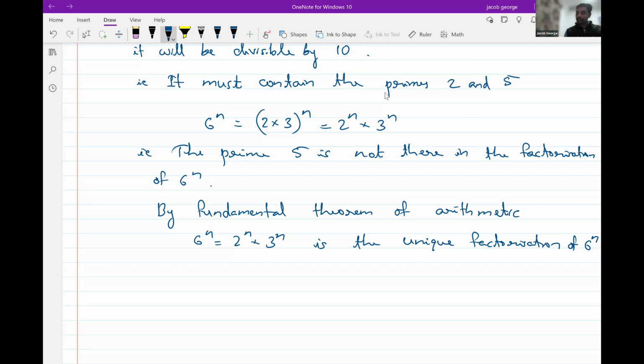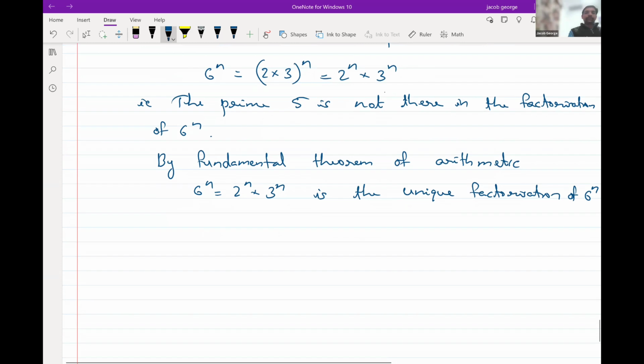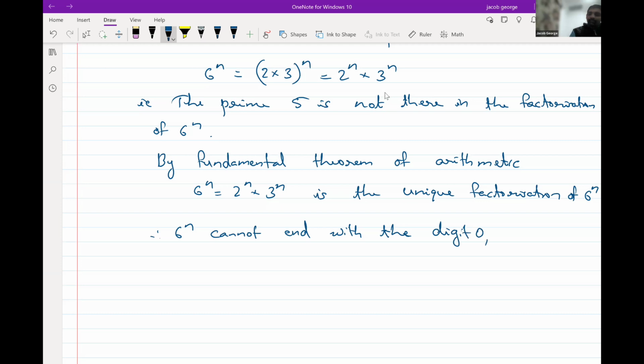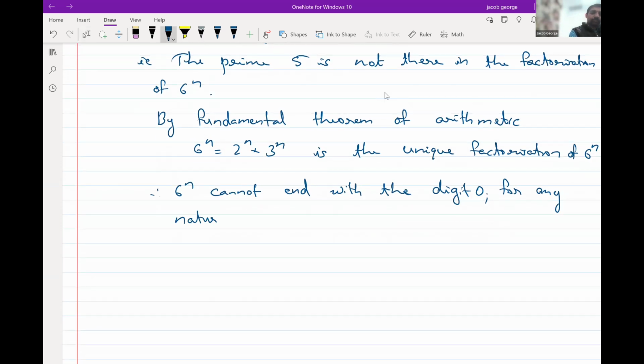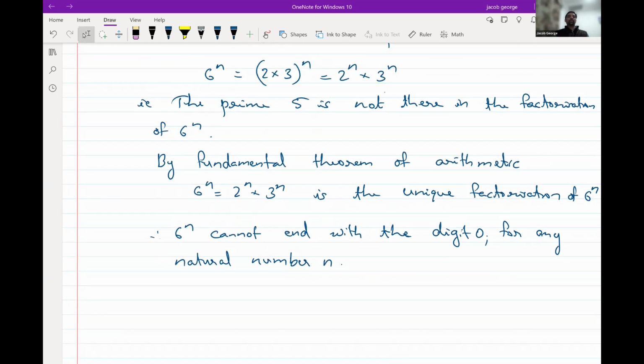No. Therefore, 6 raised to n cannot end with the digit 0, for any natural number n. Okay, so this is the completion of this question.